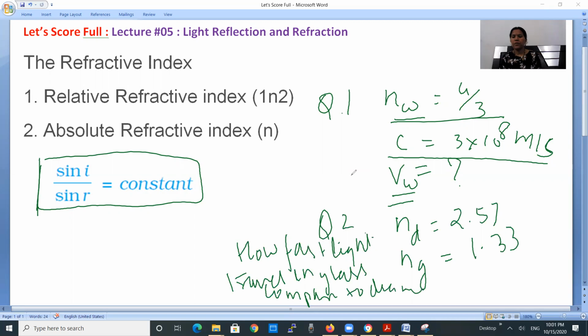This is my question. How fast does light travel in glass compared to diamond, given that the refractive index of diamond is 2.47 and refractive index of glass is 1.33.